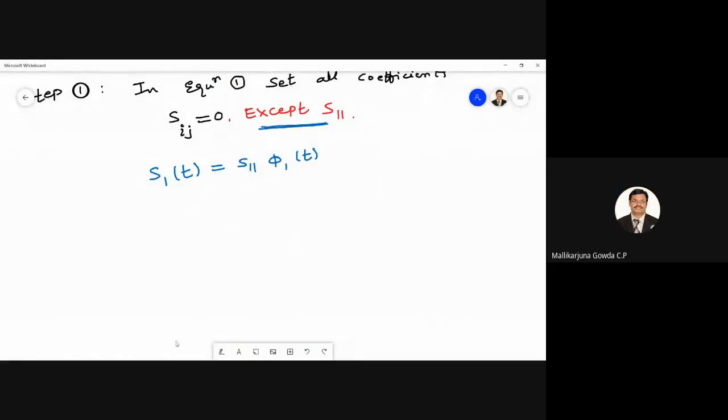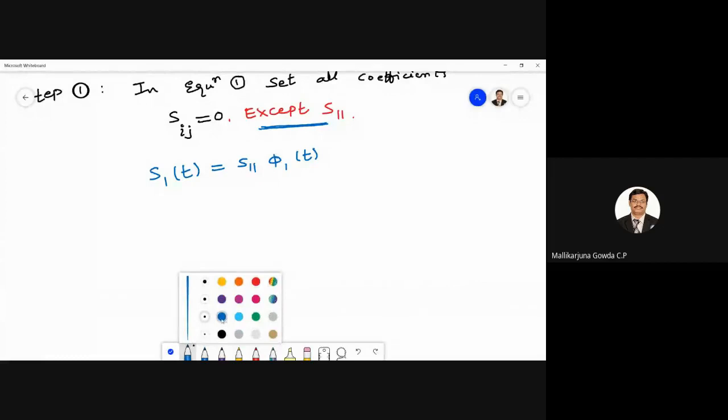So from this, what can I write for phi 1 of t? Phi 1 of t is equal to S1 of t by S11. Since S1 of t is equal to S11 phi 1 of t, from this expression I can write phi 1 of t.